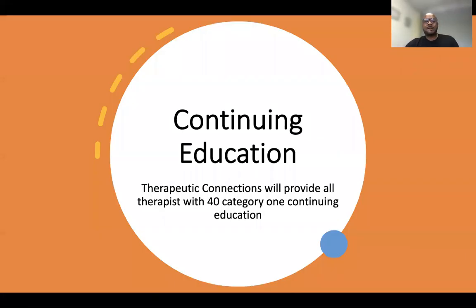Continuing education. Therapeutic Connections provides therapists with 40 Category 1 continuing education credits. All licensed clinicians need Category 1 CEUs, and we are authorized through the state of Maryland to provide continuing education.